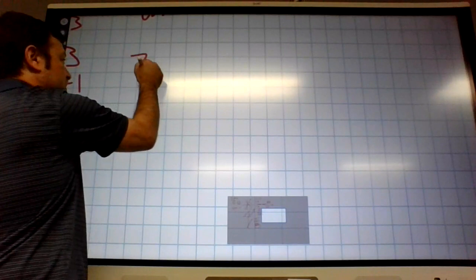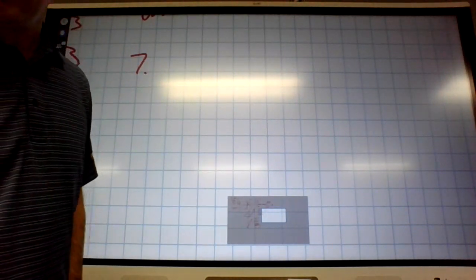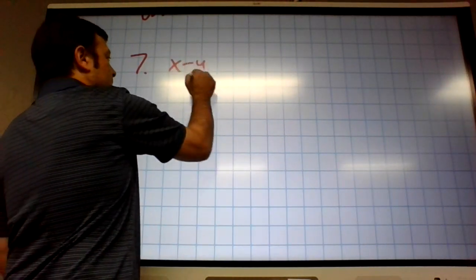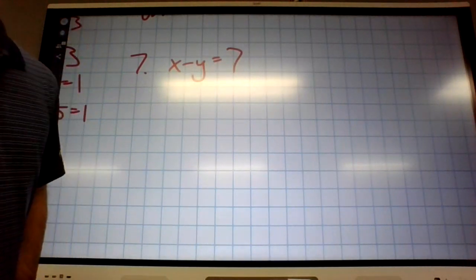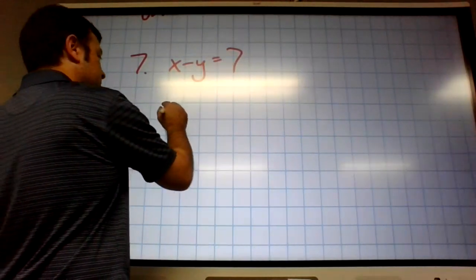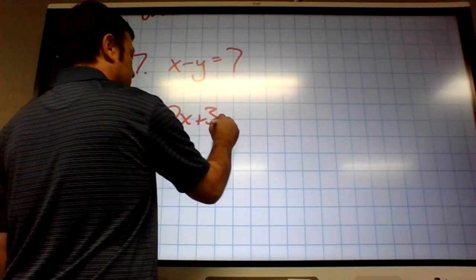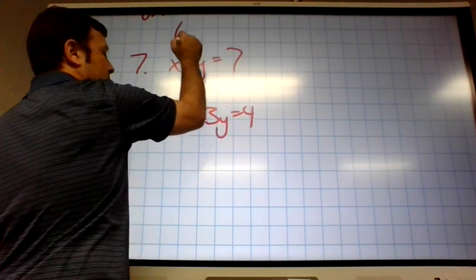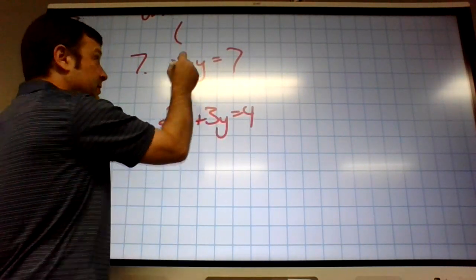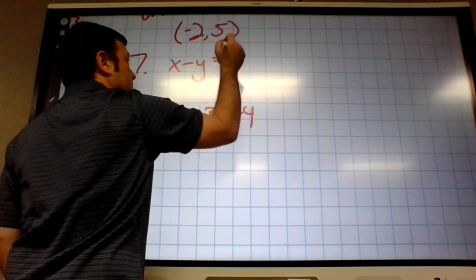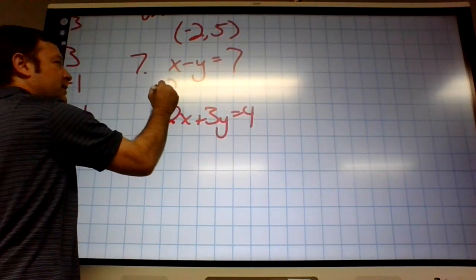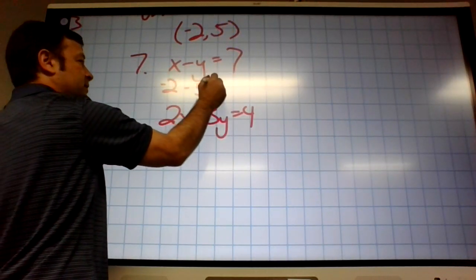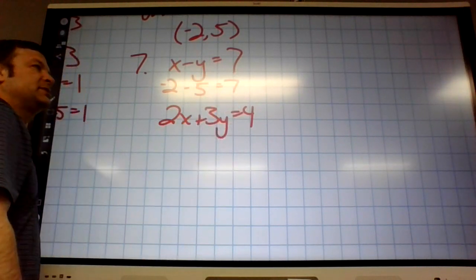Where should we go? 7. It's x minus y equals 7 and 2x plus 3y equals 4. And we're plugging in (-2, 5) still. Does it work in the first one? -2 minus 5. Does that equal 7? Nope.